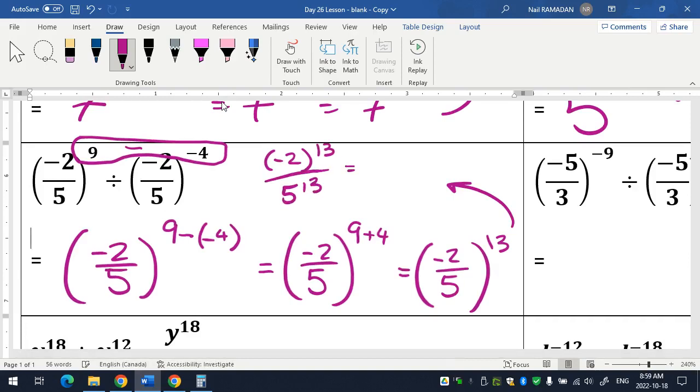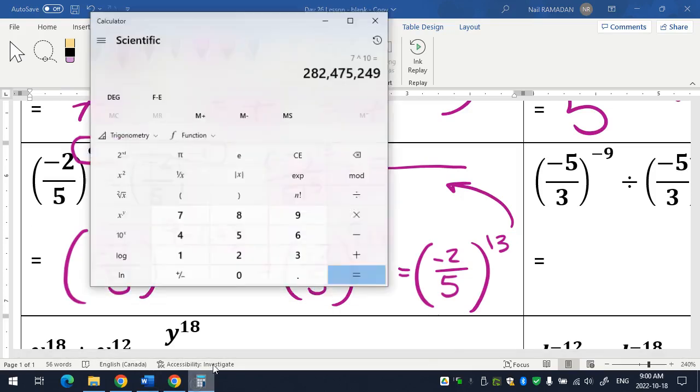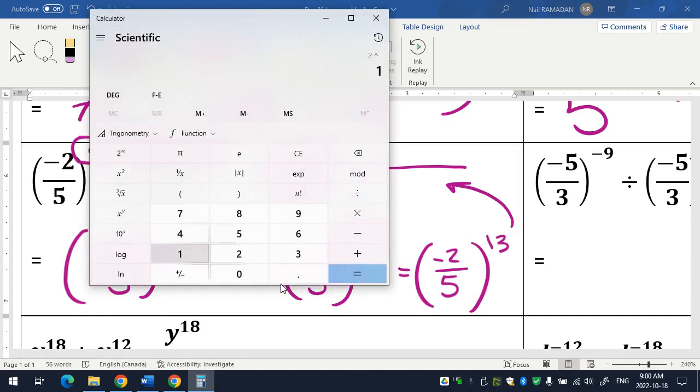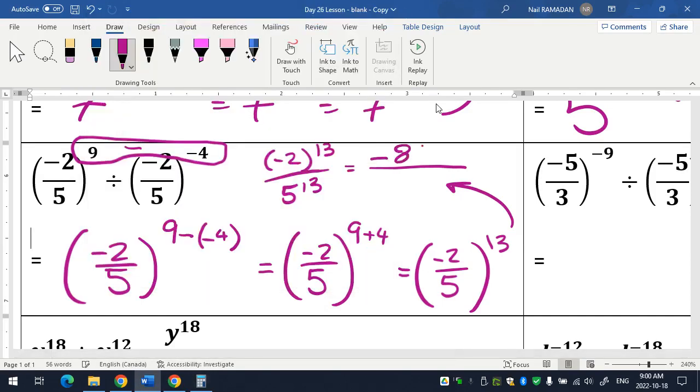Okay, what's minus 2 to the power of 13? Well, I know that minus multiplied by itself 13 times, what survives, positive or negative? Because 13 is an odd number. Yes. Yeah, 2 to the power of 13, 8,192. That goes on top. What's 5 to the 13?